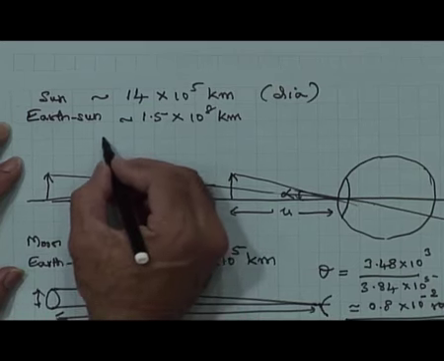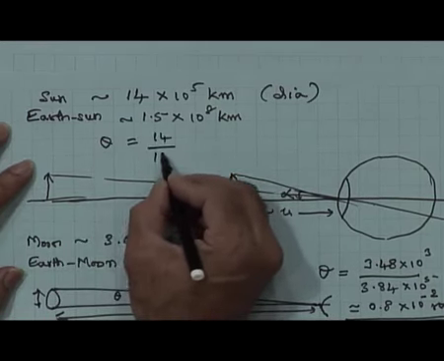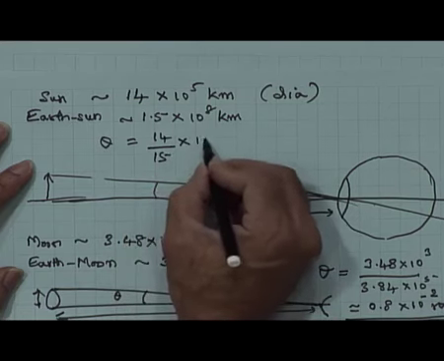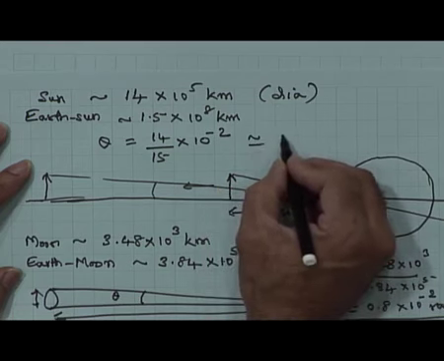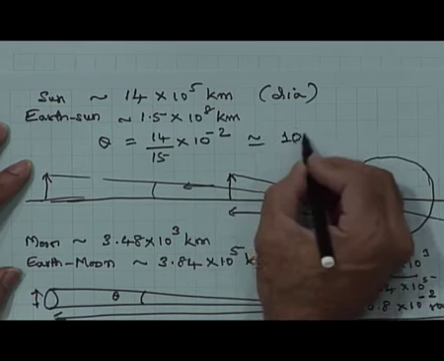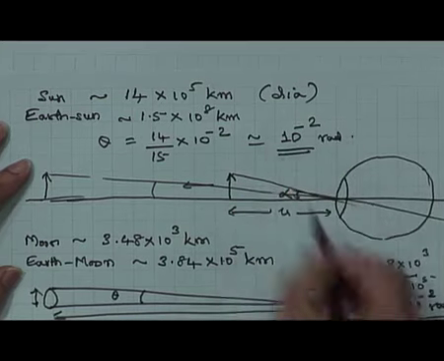As before, the angle subtended theta is equal to 14 by 15 into 10 power minus 2, which is approximately 1 into 10 power minus 2 radians, almost the same.